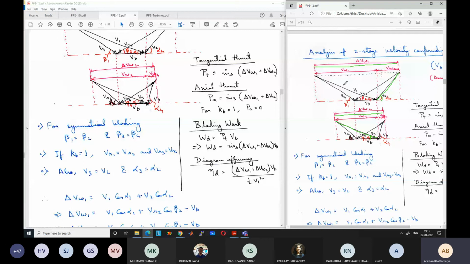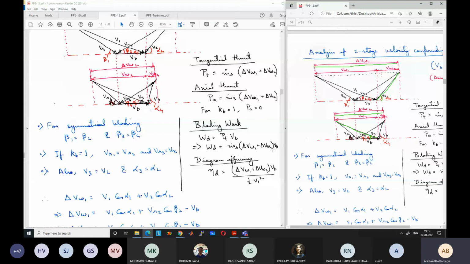We have to find what is delta VW1 and what is delta VW2 with these assumptions. Let this diagram be open here. Maybe we can increase the size. My screen is large, so it looks good to me, but for you it may be small.